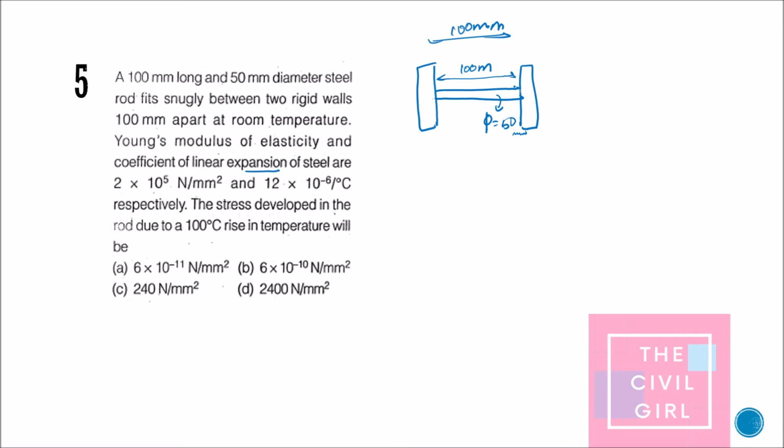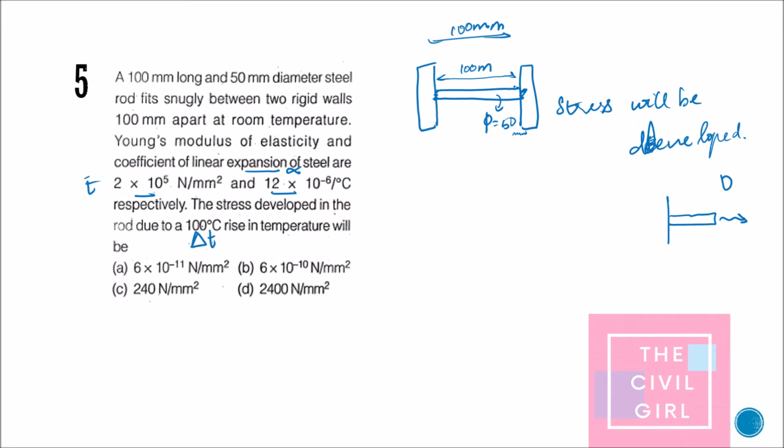Since the movement is restricted, stress will be developed. Had the bar been free to move, there would be zero stresses. But since it is restricted on both sides, stresses will be developed. They have given the value for elastic modulus, the Young's modulus, the alpha value, and the temperature difference is 100 degrees centigrade. They have asked for stress developed.